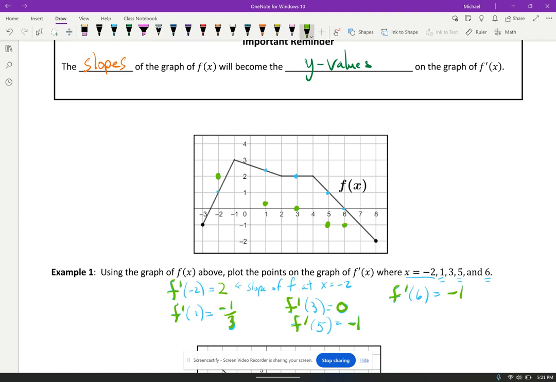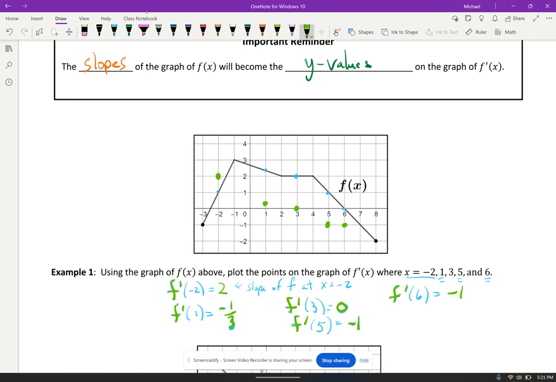So notice I'm going to create a new graph, and I'm not going to finish this in example 1, but we're going to finish this in subsequent examples. We're going to connect the dots here and create the derivative graph based off of the slopes of the original graph. So wherever you see a blue point, that's f of the x value.